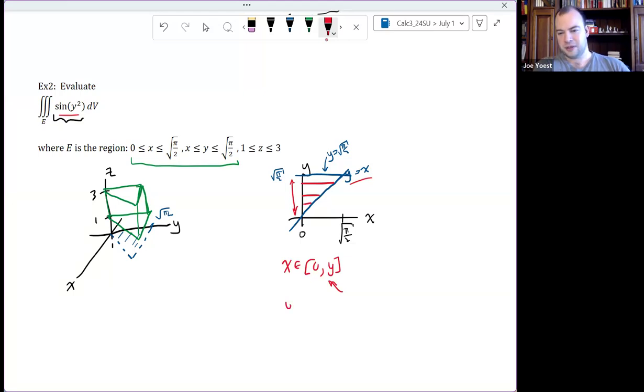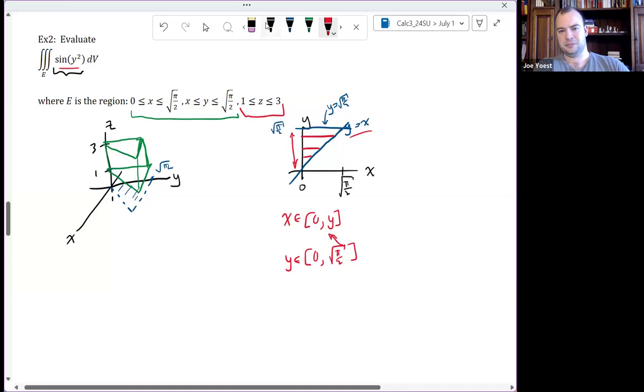Then I have to accumulate those cross-sectional bits from y equals 0 to y equals root pi over 2. And then, of course, z just stays the same. We didn't do anything with changing the order of z.